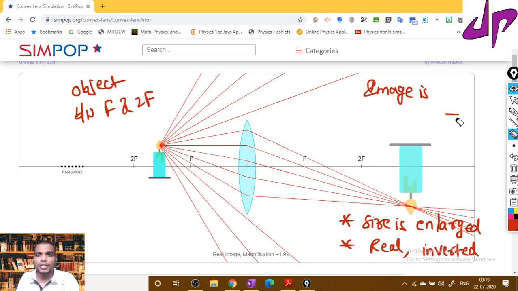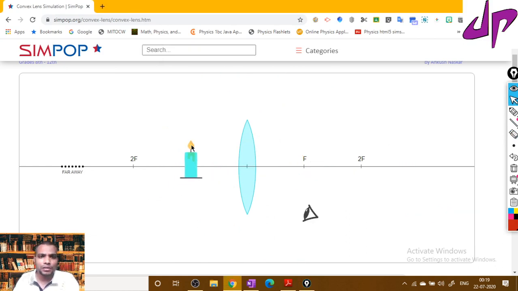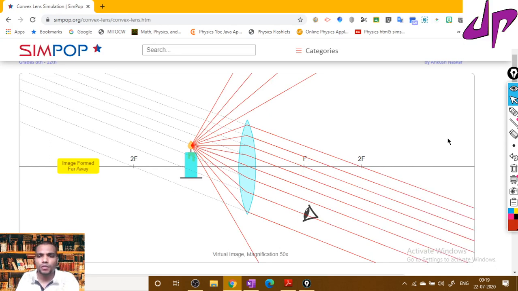Now let's change the case. Let's bring the object some more closer to the lens. If I keep the object at focus, now my object is at f, and where is the image?